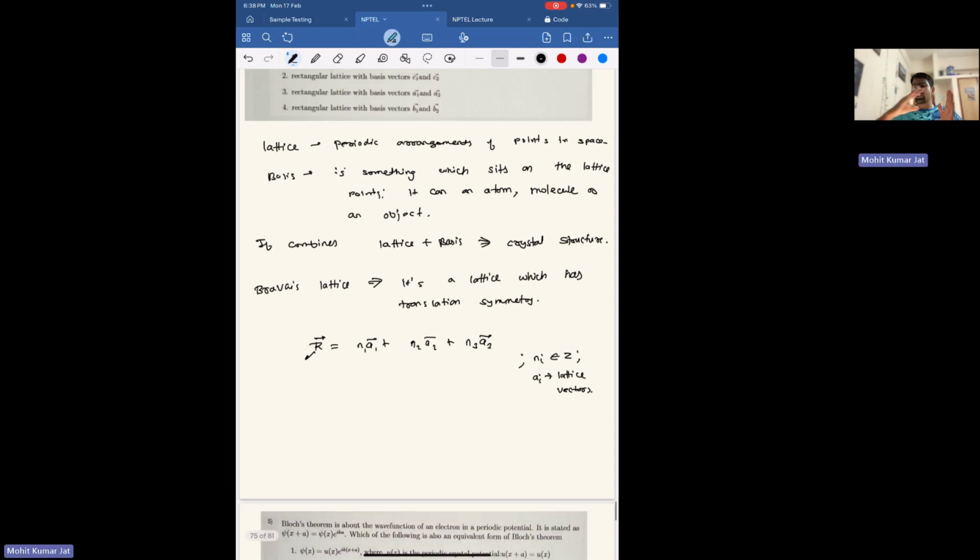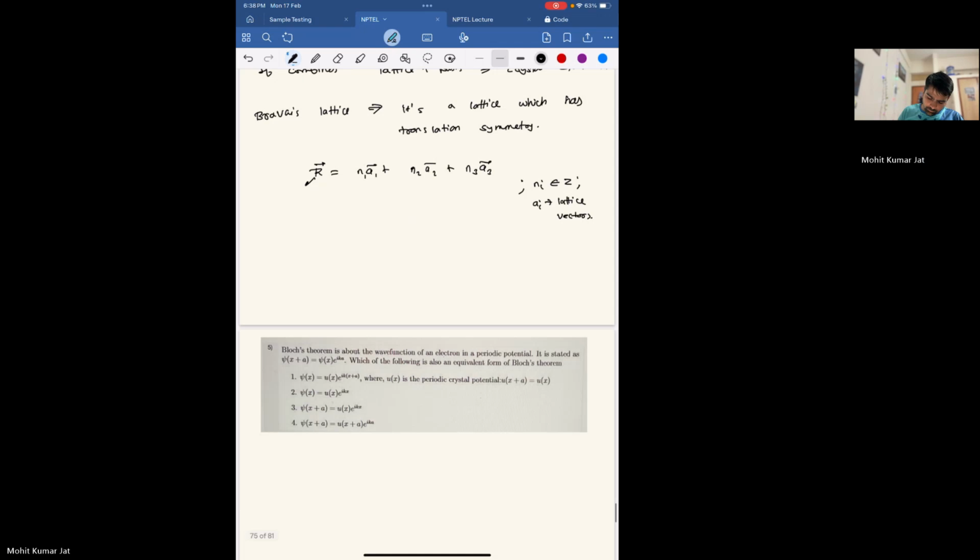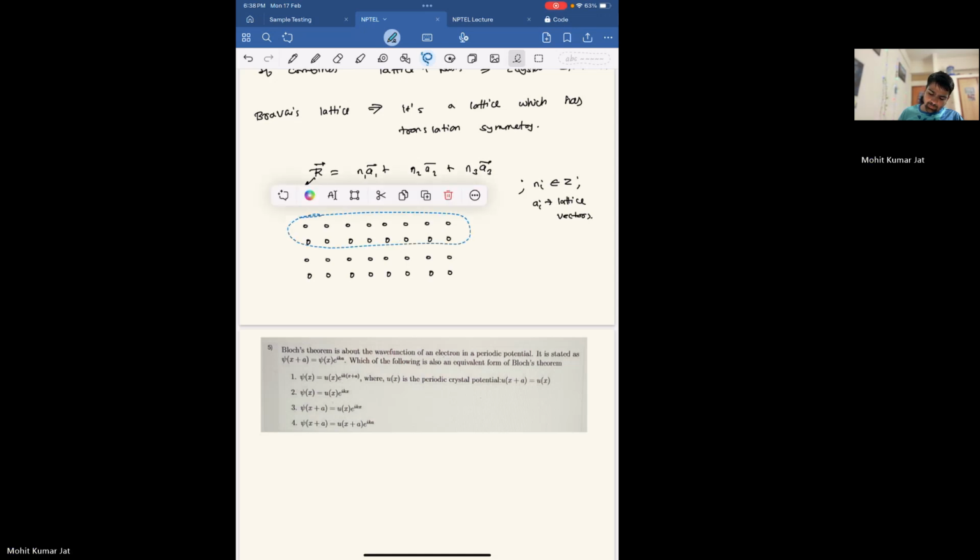If you can translate it and generate the full lattice in space, for example, take this square lattice of points extended all across space till infinity.